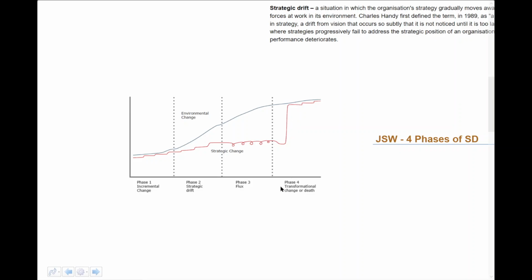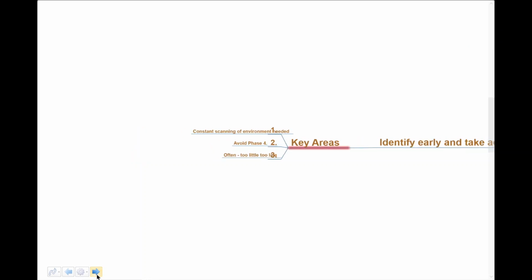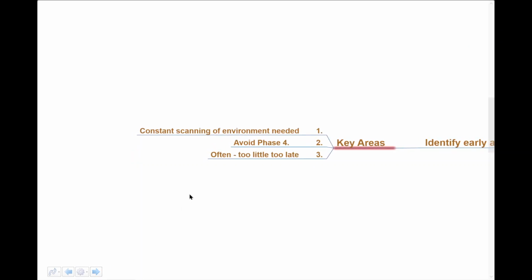Okay, so either transformational change, let's get back on the pitch, or we die. All right, let's get back to the action here. The final point was really that, very often where strategic drift occurs, companies recognize it eventually, but probably too late.